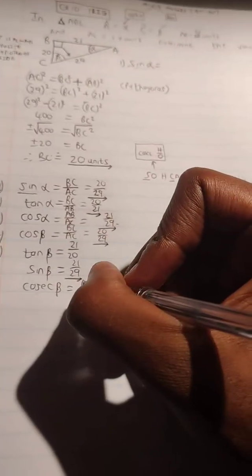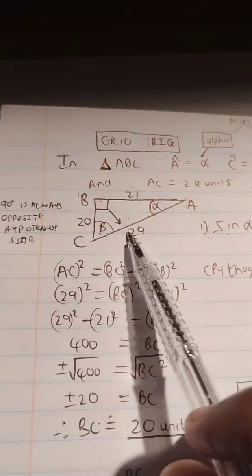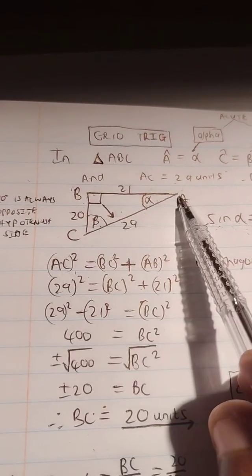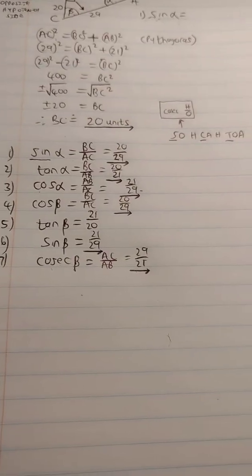So we are going to say AC over AB, just to indicate using the sides of the triangle. AC, the hypotenuse, over AB, which substituted is 29 over 21. Can we simplify this any further?